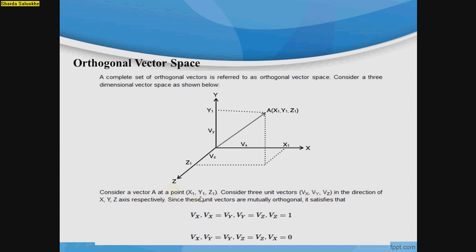Consider A at the point x1, y1 and z1 and three unit vectors, Vx, Vy and Vz, in the direction of x, y and z respectively. Since these vectors are mutually orthogonal, they satisfy Vx·Vx equal to Vy·Vy equal to Vz·Vz equal to 1, and Vx·Vy, Vy·Vz and Vz·Vx are equal to 0. So mutually orthogonal vectors are there.